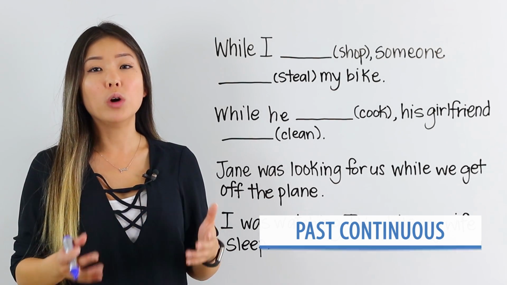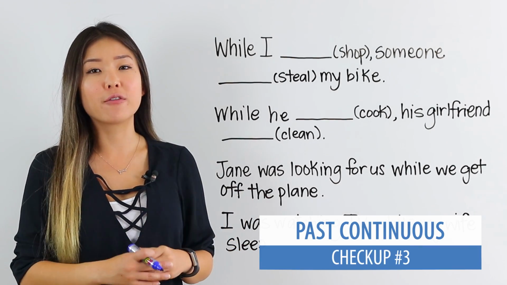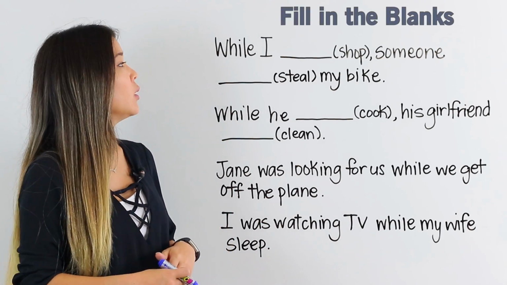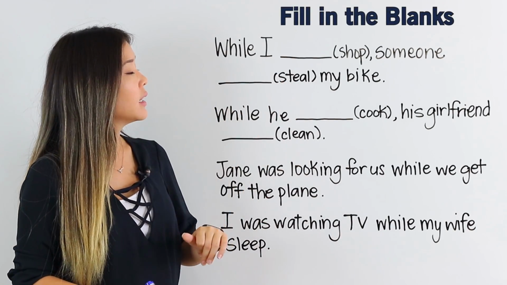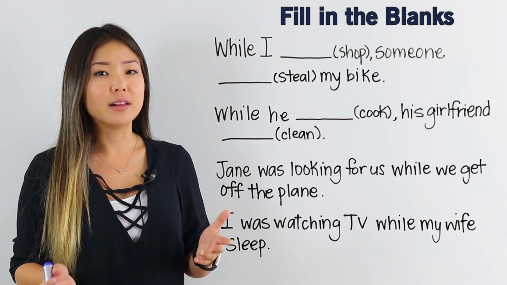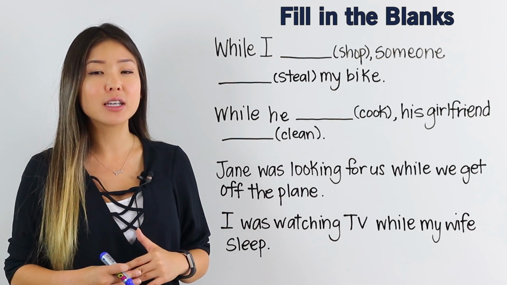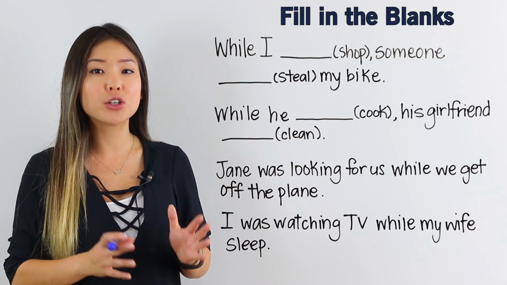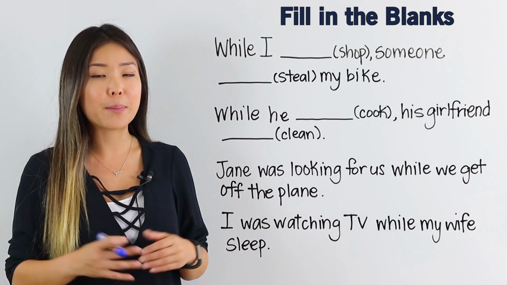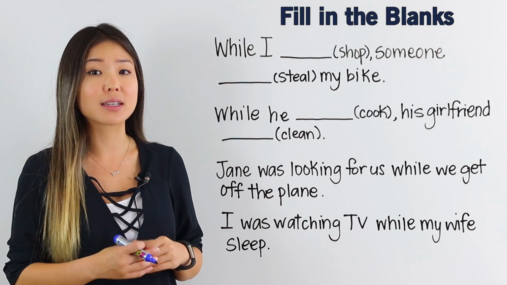Let's move on. Now, for this checkup, we'll look at the while usage of the past continuous tense. Take a look at the first example. While I blink, someone blink my bike. When we use while in the past continuous tense, we're showing that two actions happened at the same time in the past, or they were happening at the same time in the past.